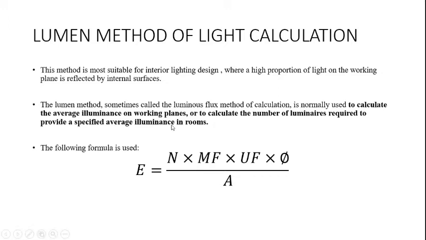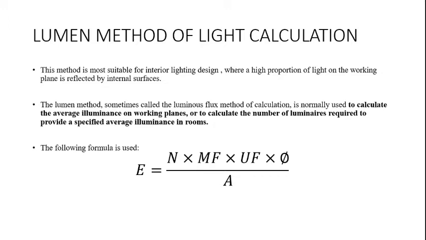This illuminance, in this explanation, is not the brightness. Don't misunderstand it with the brightness terminology. Brightness is also otherwise called illuminance, but here it is illumination itself, and the unit is lux, lumen per meter square.